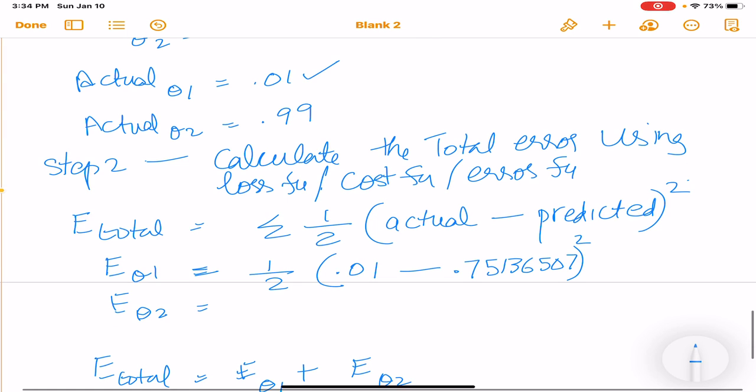When you calculate this value, we get EO1 to be 0.27481183.